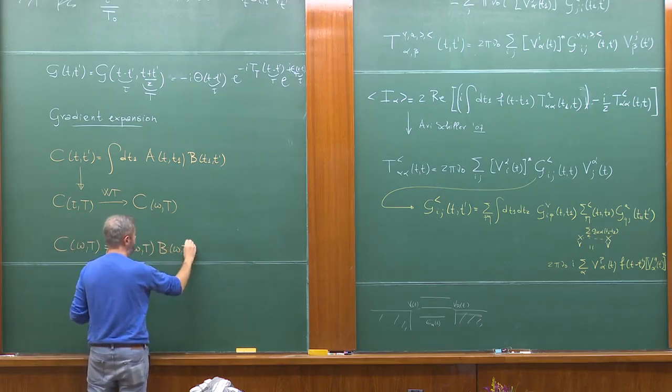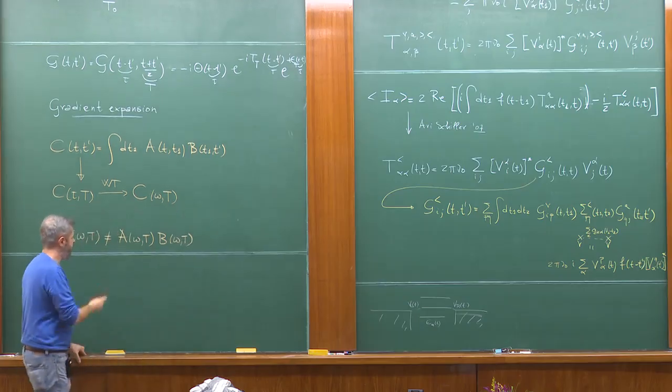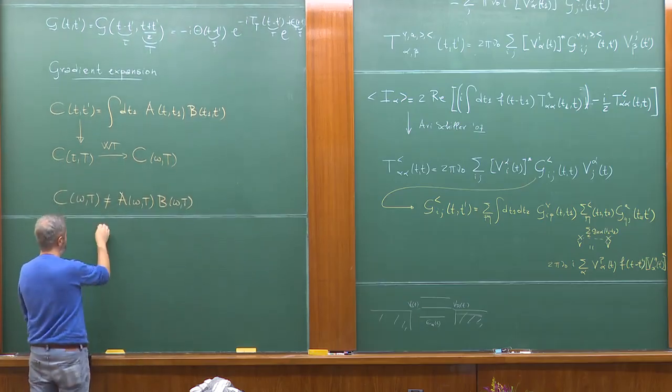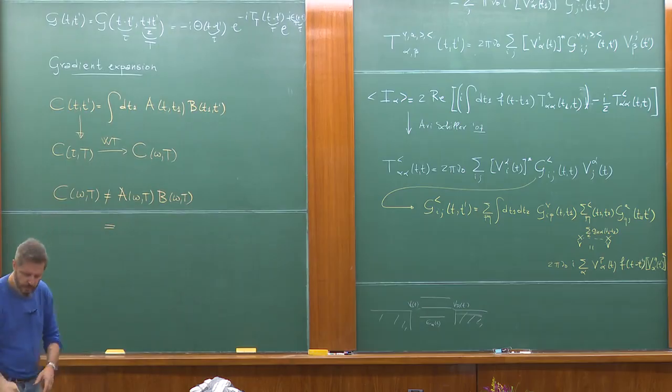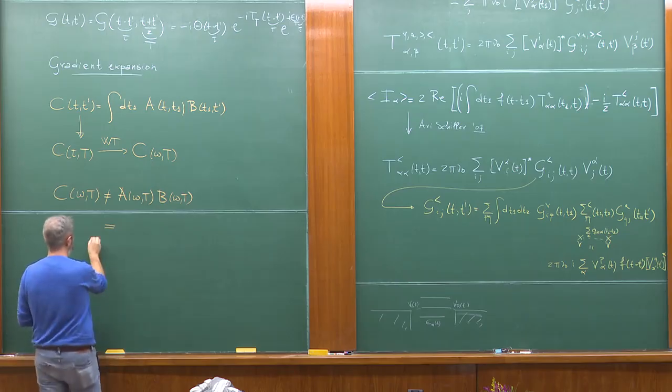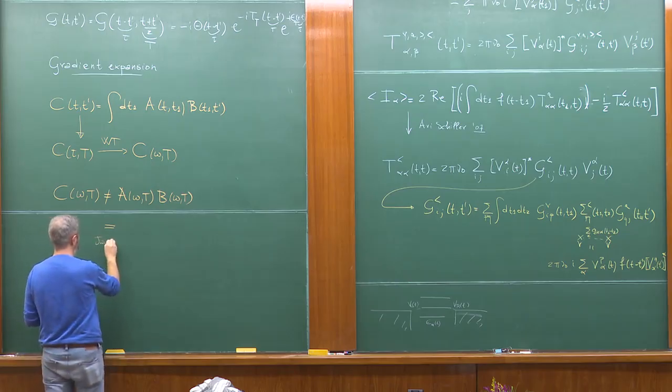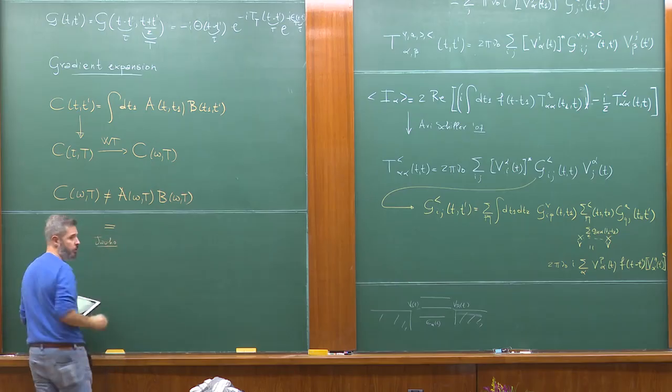Luckily, you can generalize this expression to the following. If you want the proof of this, you can find it in the book that I mentioned already a few times by Yaucho.